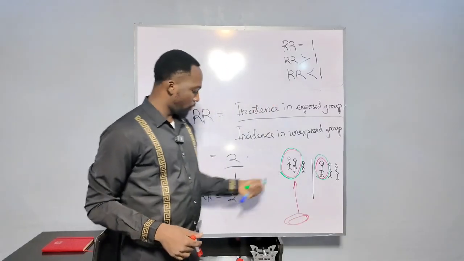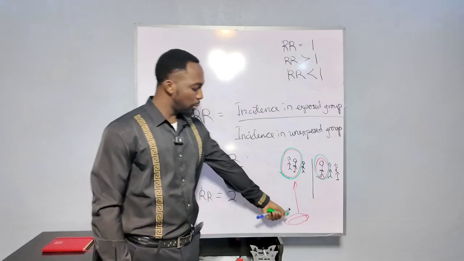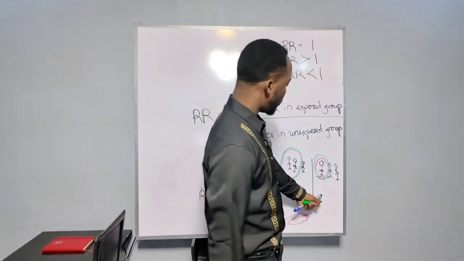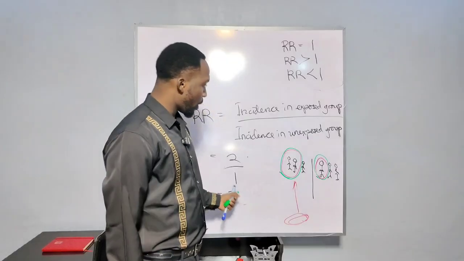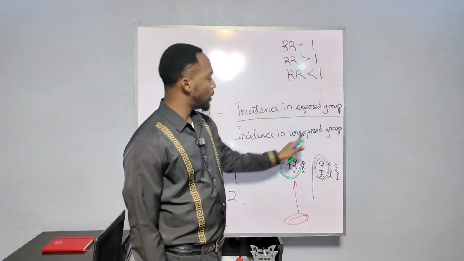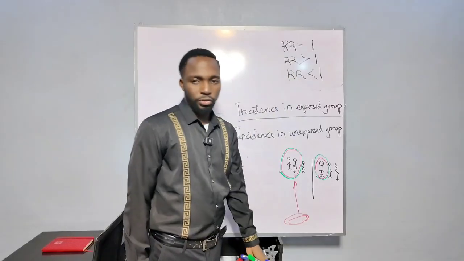Because we expose them, you can see this, my answer here was 2, so we expose them to this factor, and we had 2 people being affected. Whereas the people that were unexposed were 1. So greater than 1 shows that the factor that the people are exposed to plays a role, it's a risk.